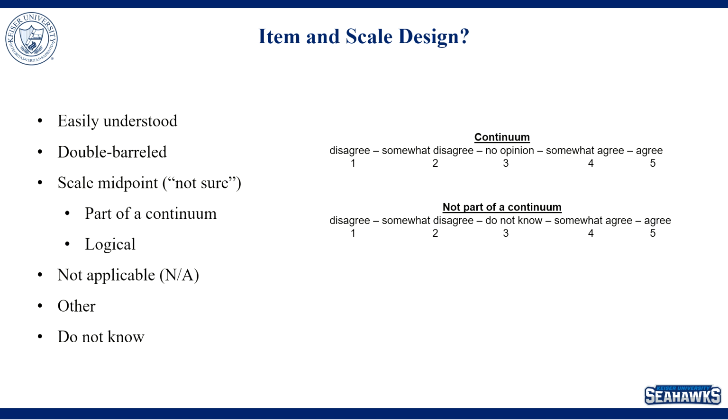Also, if it is not part of the continuum, so in the second example, it goes from disagree to somewhat disagree to do not know, and then somewhat agree and agree. Well, now if you look carefully, this does not make logical sense, because do not know may mean they do not know, let's say, all of the facts that are part of this survey item, this question.